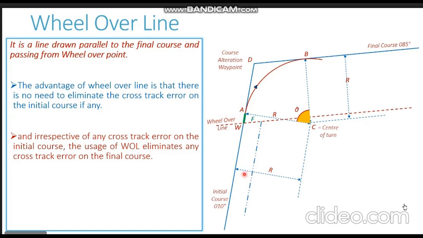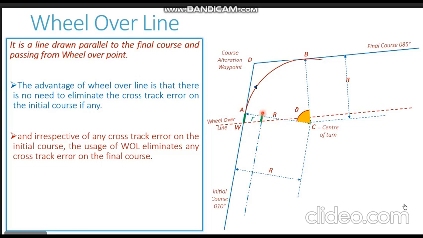But if the vessel is in open sea and this cross track error is present, if we have the wheel over line marked, we do not need to correct the cross track error. What we can do is, while moving on this dotted line track, when the vessel touches the wheel over line at this particular point, you can follow the laser pointer. At this particular point, the wheel is put over.